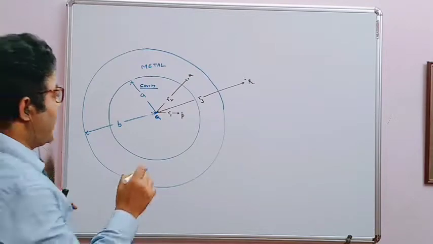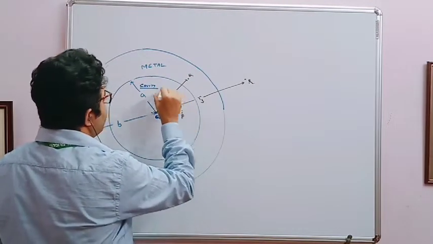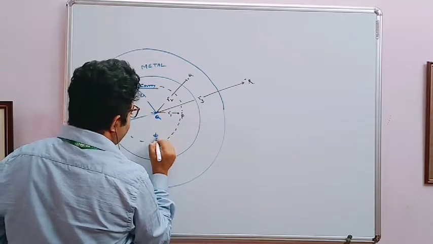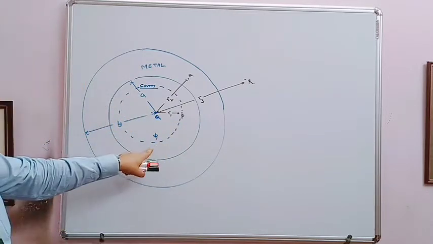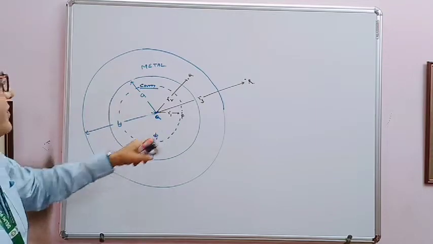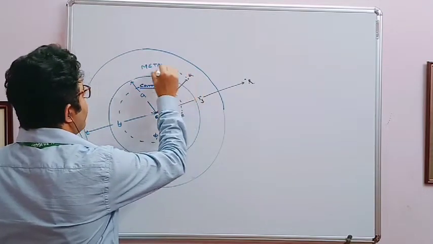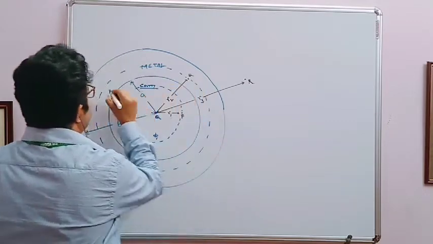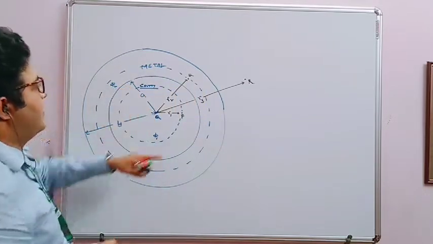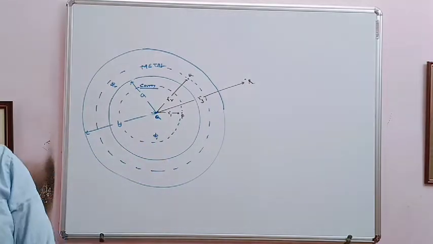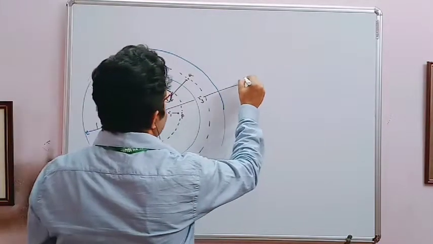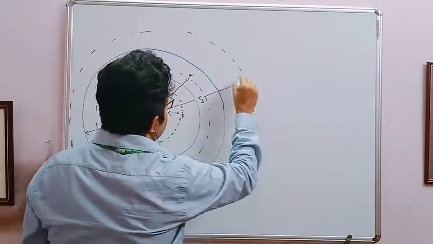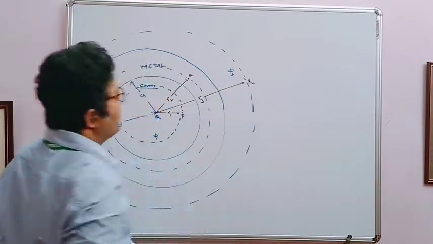As well as, they can ask you, suppose we imagine a spherical Gaussian surface. What is the flux for that Gaussian surface? They can ask you. This is one more spherical Gaussian surface, so they can ask you flux 2 or phi 2, and this one is another Gaussian surface, so they can ask you flux 3.